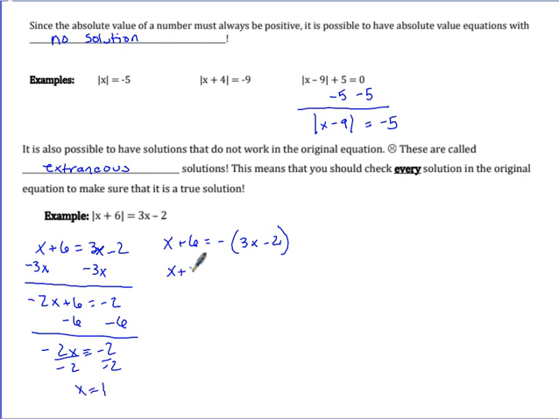Over here, the first thing I would need to do is distribute my negative. So x plus 6 equals negative 3x plus 2. And then same thing, I'm going to solve. So I'm going to move my x's to the left side. 4x plus 6 equals 2.